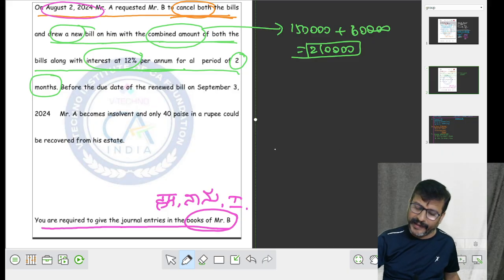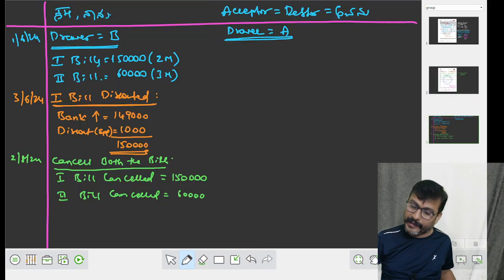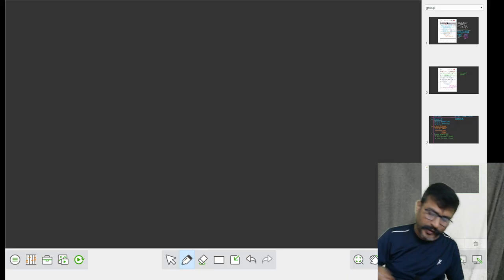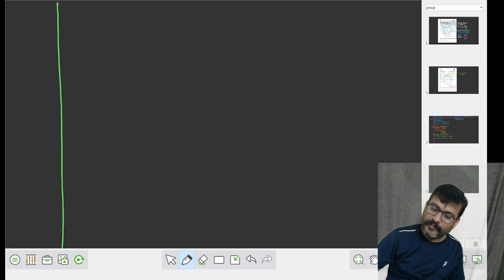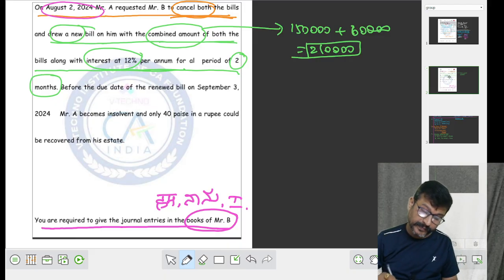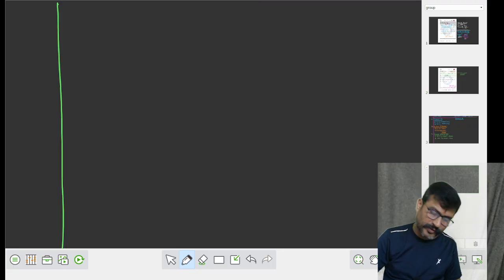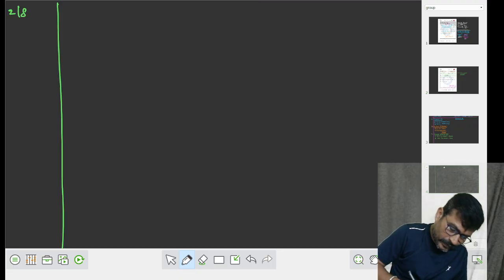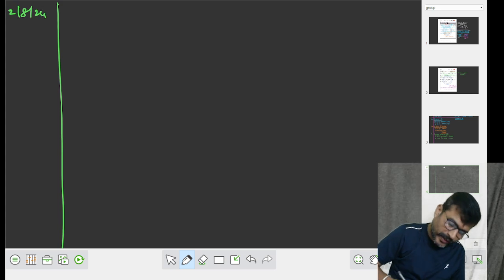Okay, fine. Shall we write directly in notes? क्या करना अब? I go for next page. On what date? On August 2nd, 24.